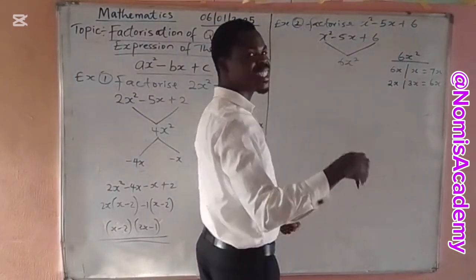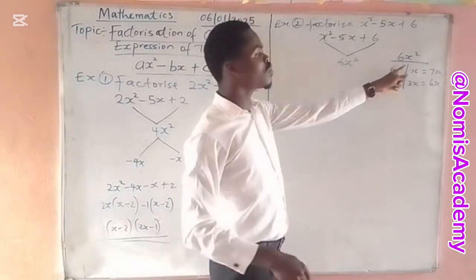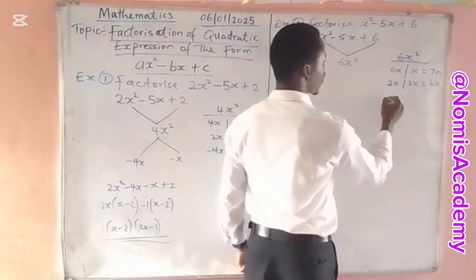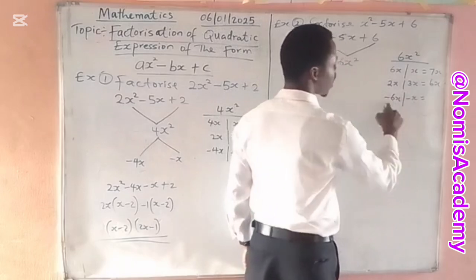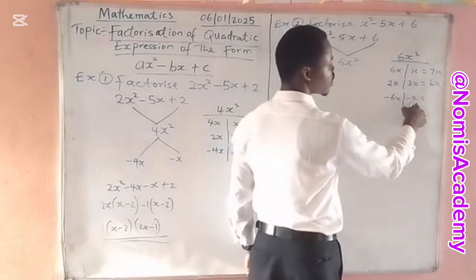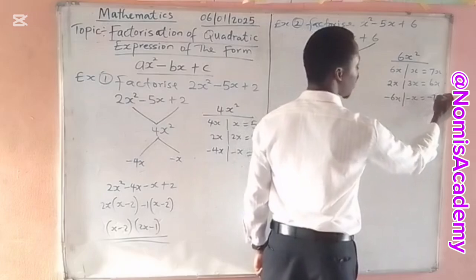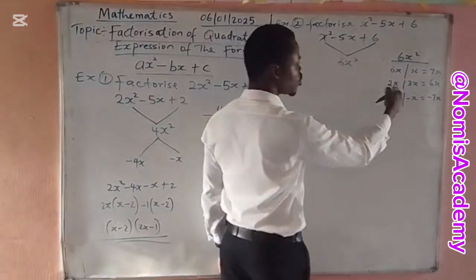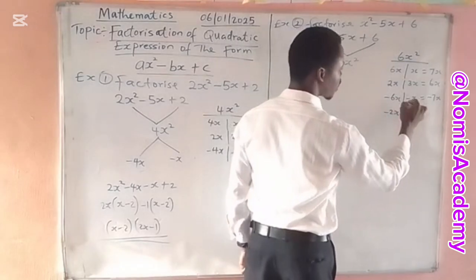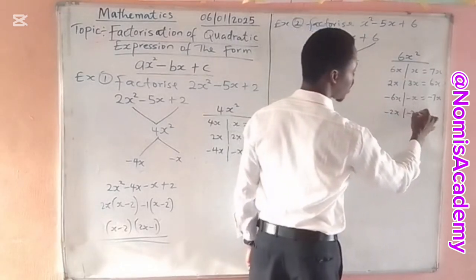So let's look for the negative factors of 6x squared. And so that would be minus 6x and minus x. Minus 6x and minus x sum up to minus 7x, and that is not what I am looking for. So we go further to check minus 2x and minus 3x.